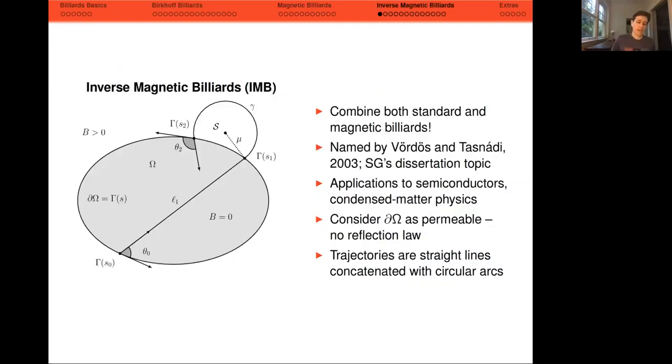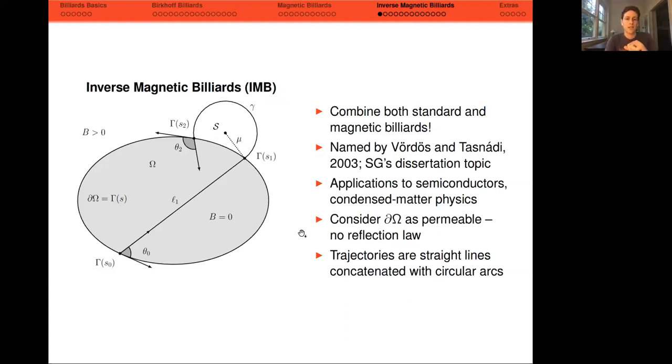So next up, we have a big topic of my interest that I worked on for my dissertation. And this is what we call inverse magnetic billiards. This is a combination of both magnetic billiards and Birkhoff billiards, where now we consider the boundary of our table to be permeable. It's no longer a hard boundary with an angle of incidence and angle of reflection.